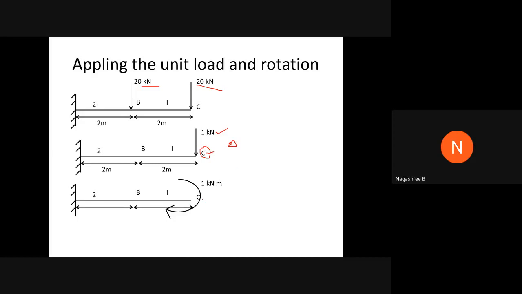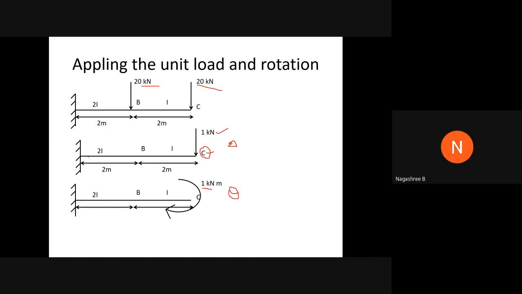Whereas in case of the slope or theta calculation, we are supposed to assume the unit rotation. Rotation is nothing but the moment. At the same point C itself, we are supposed to assume the unit rotation of magnitude equal to 1 in order to compute the theta value.